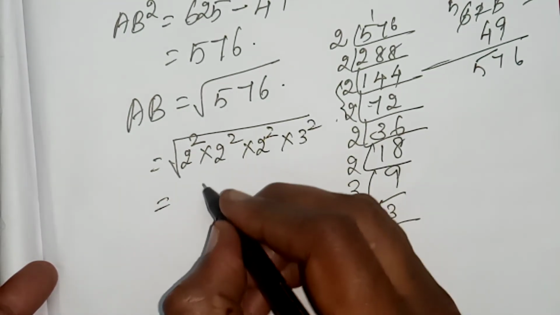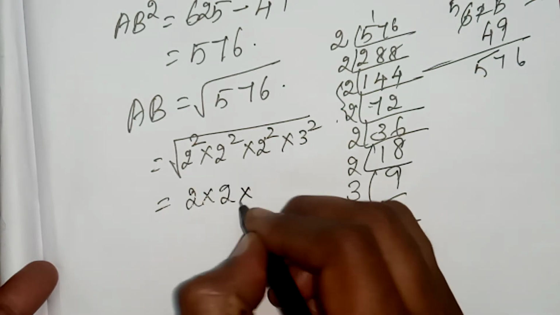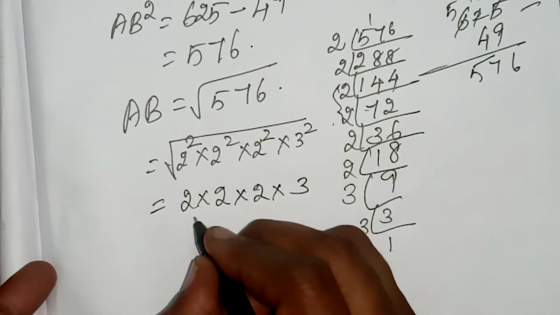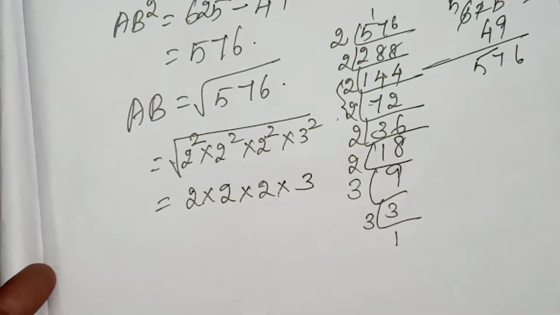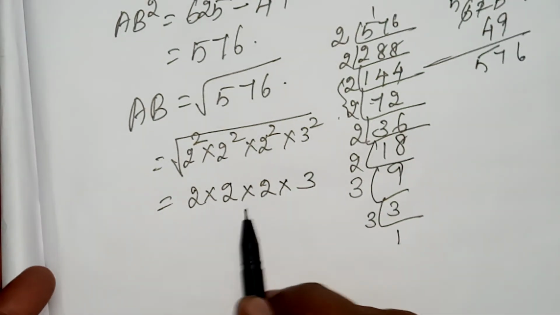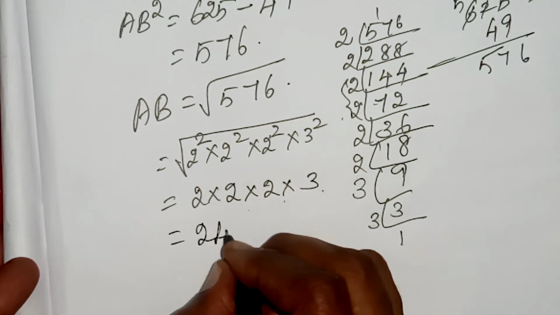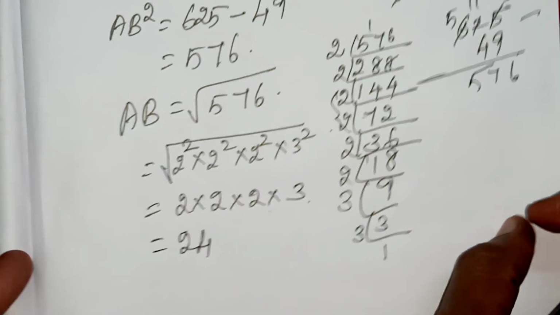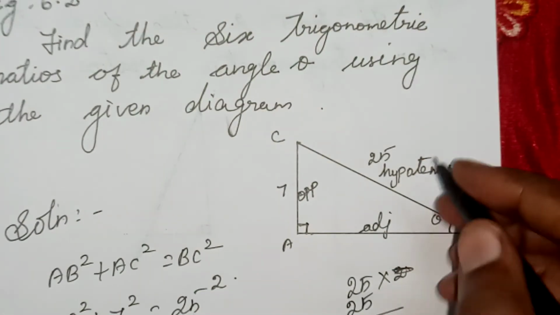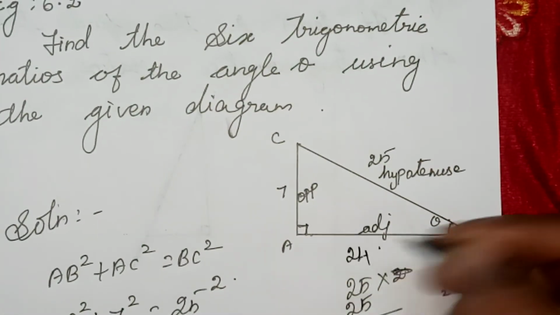Is equal to 2 into 2 into 2 into 3. 2 2s are 4. Next 2 2s are 4. 4 2s are 8. 8 3s are 24. AB is equal to 24. We got it. AB is equal to 24.